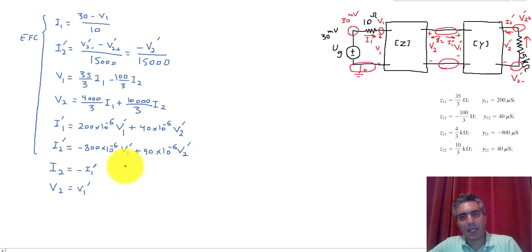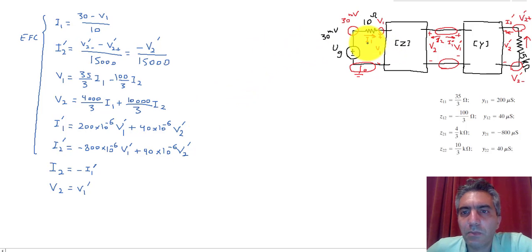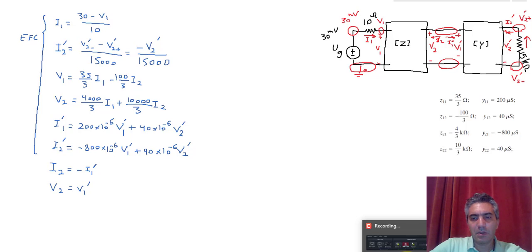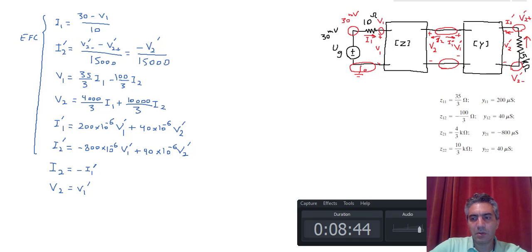Now we can actually count all the unknowns. So we have 1, 2, 3, 4, 5, 6, 7, 8 unknowns, all the currents and voltages in the circuit. And we have 1, 2, 3, 4, 5, 6, 7, 8 equations. So that should give us exactly all the unknowns that we need. So I'm going to open up Maxima and start putting the equations in.